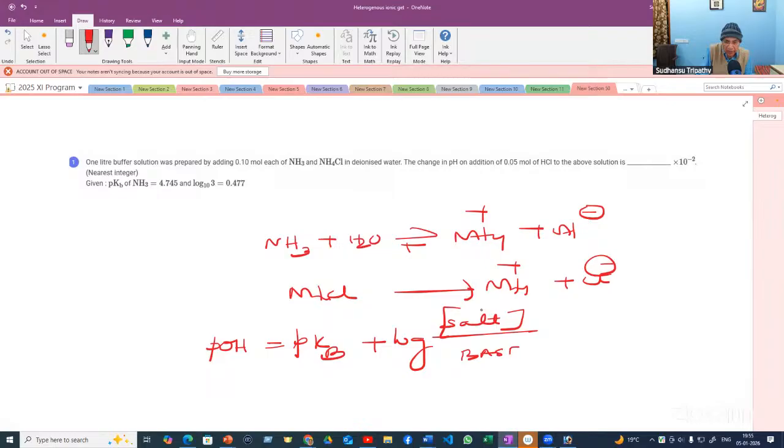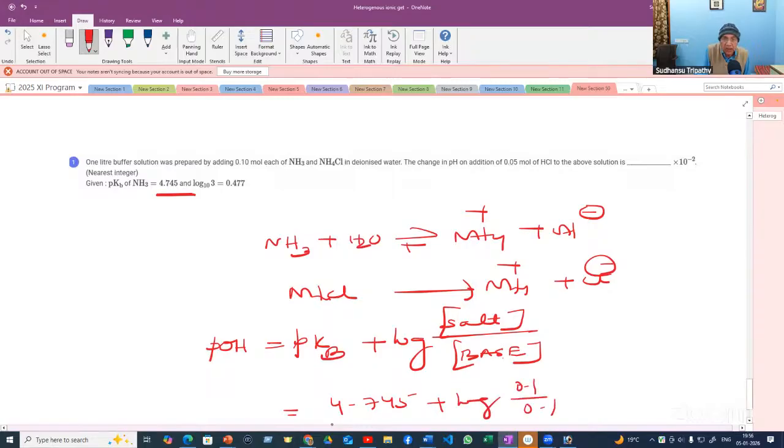Before adding HCl, it is pKb 4.745 plus log 0.1 by 0.1. So it is log 1, which is 0. It is simply 4.745.